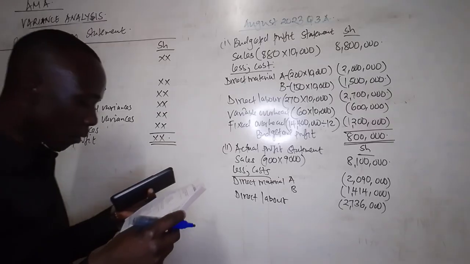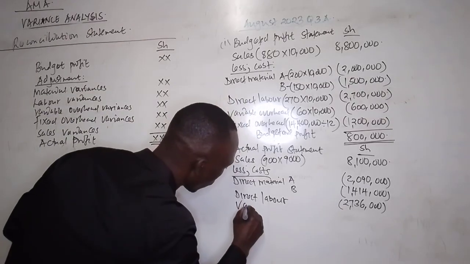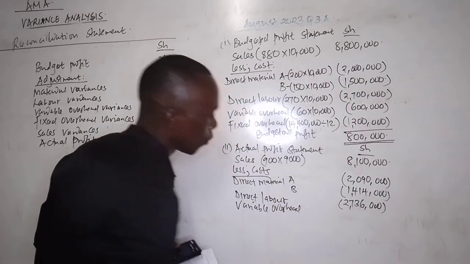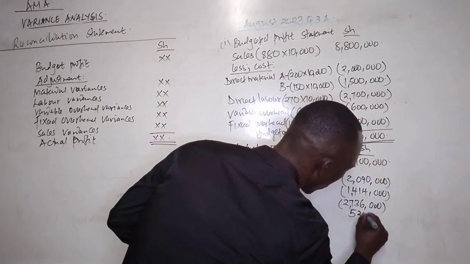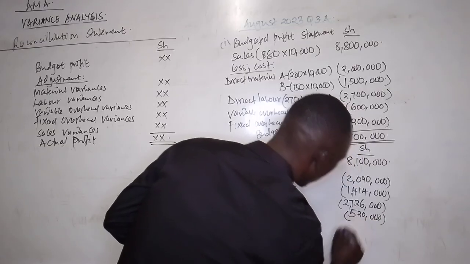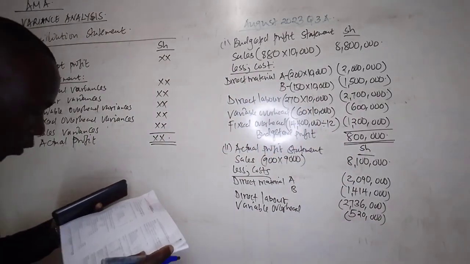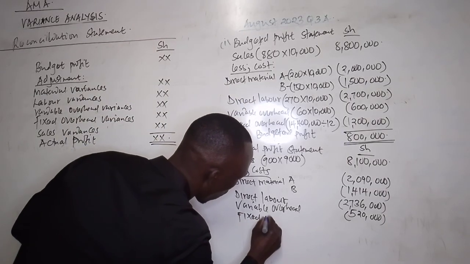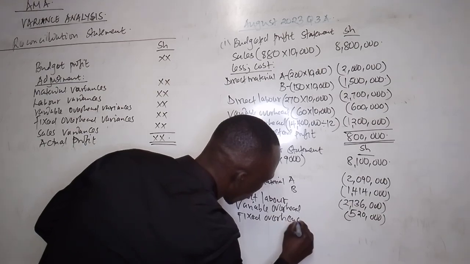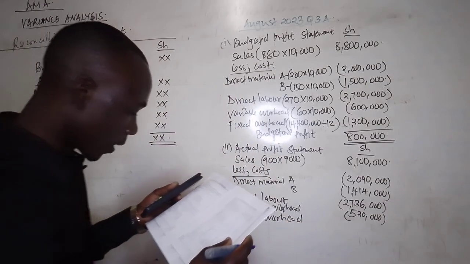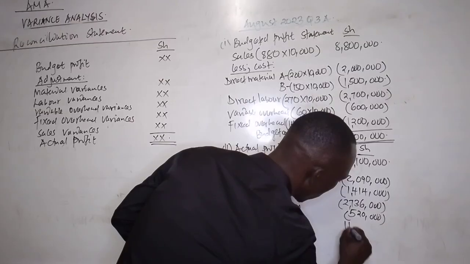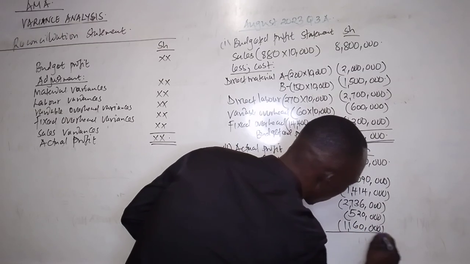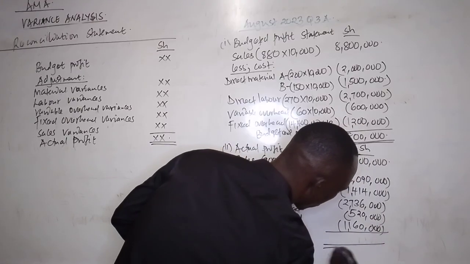Then the variable overhead incurred was 520,000. And then we go to fixed overhead. The fixed overhead incurred is 1,160,000.